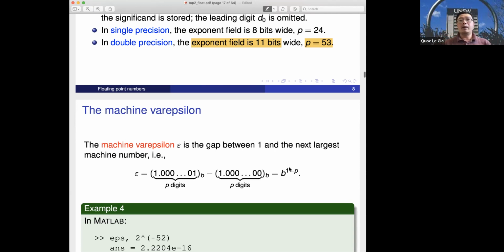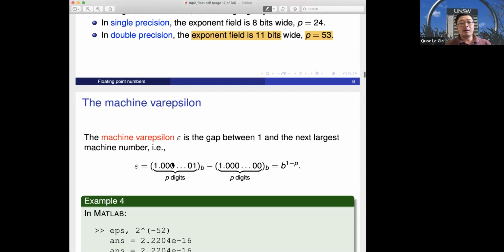Okay, so now let me explain the next definition. The next definition is the gap between 1 and the next largest machine number. Remember your car: if you drive the car, you see the odometer. The odometer has many digits, and if you turn on the last digit, the gap between the new reading and the current one we call machine epsilon.